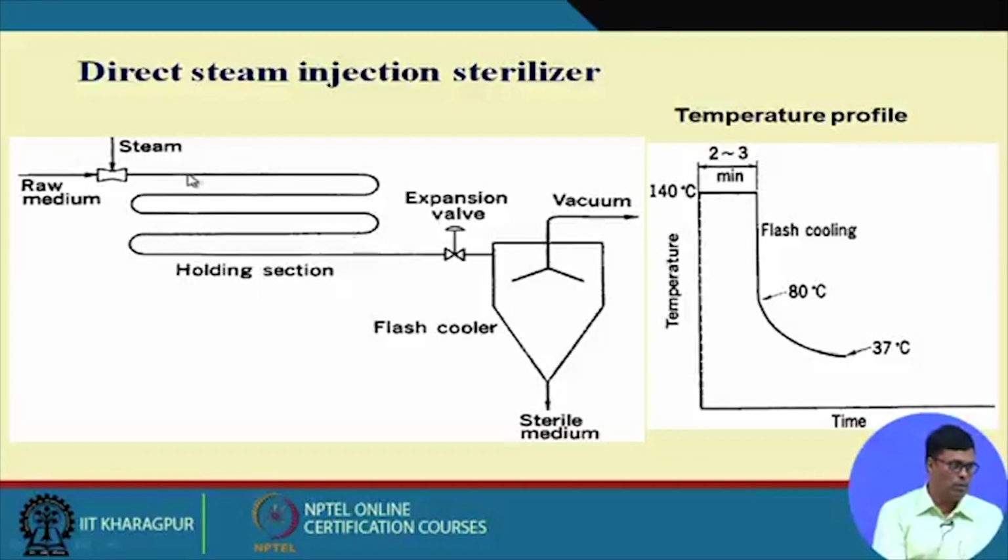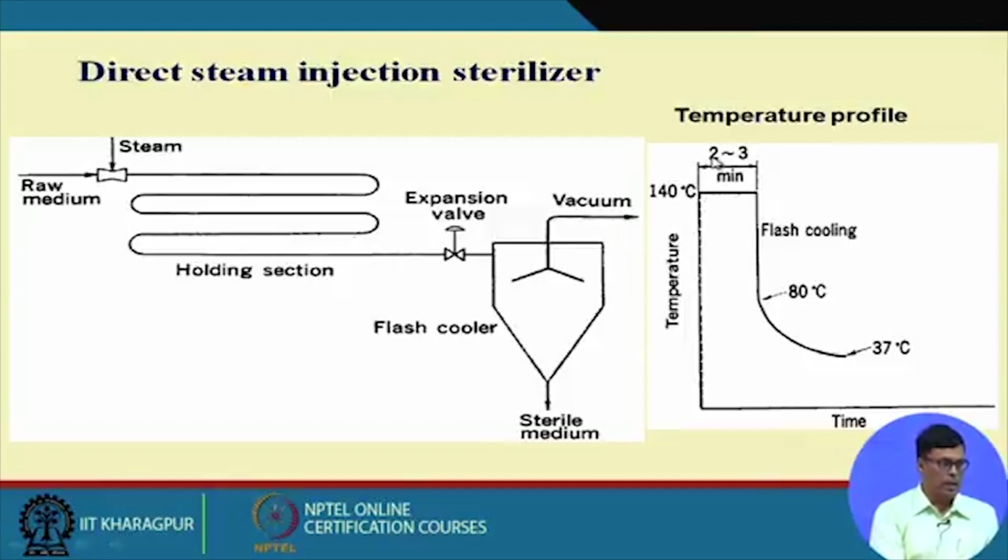Reynolds number is equal to d u rho by mu, so density and mu play a very important role. As the density and viscosity change, it is very difficult to maintain a particular temperature inside this holding section, and if you are unable to maintain a particular temperature, then sterility is very difficult to maintain. So that is the major problem with the direct steam injection process, and that is why it is not in practice in industry.